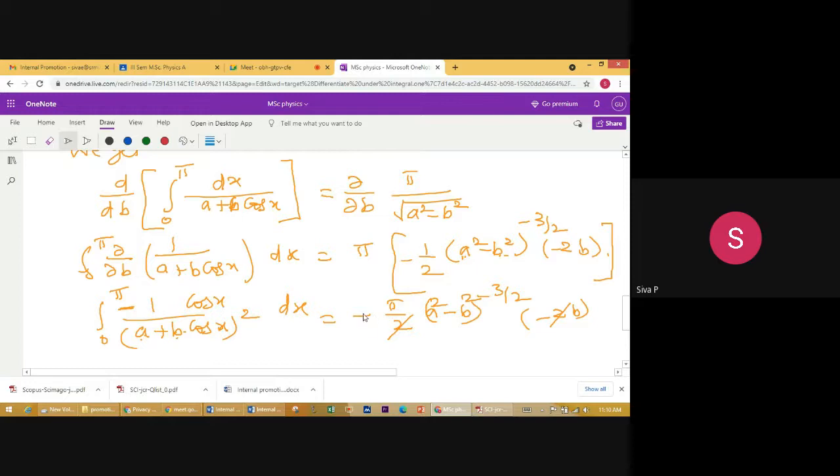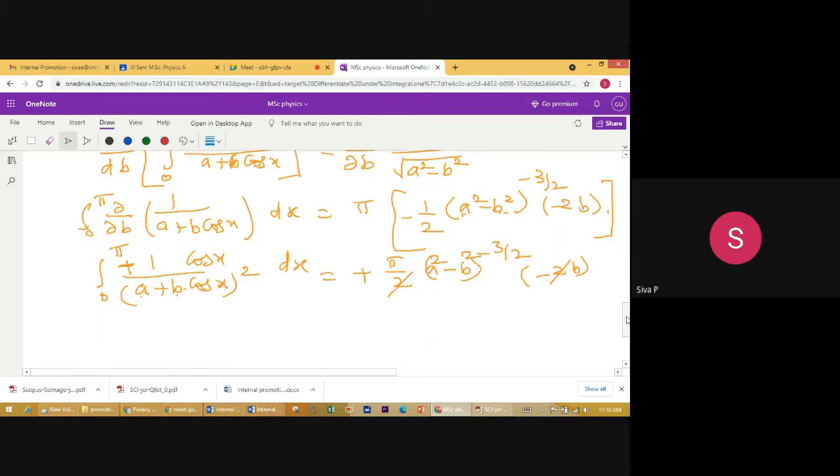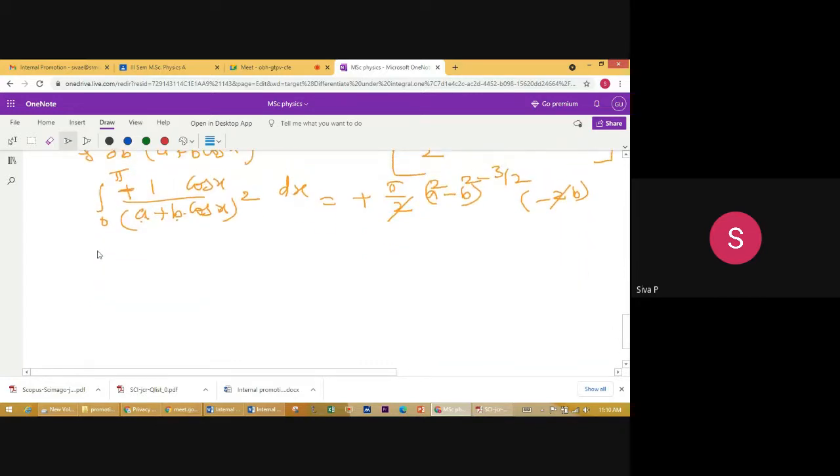That minus minus will be plus. So integral over 0 to pi of cos x divided by (a plus b cos x) whole square dx equals pi b.